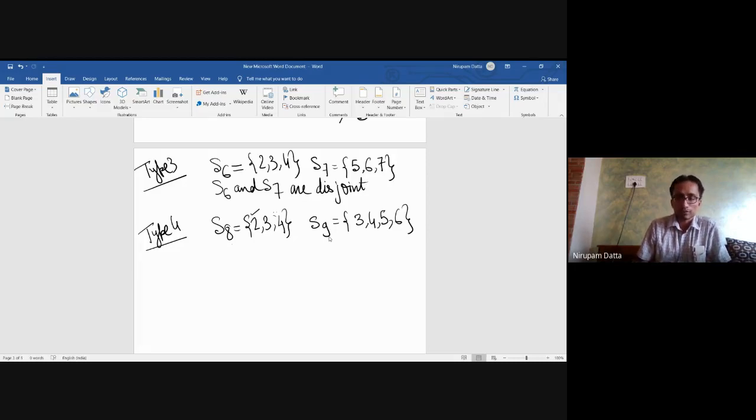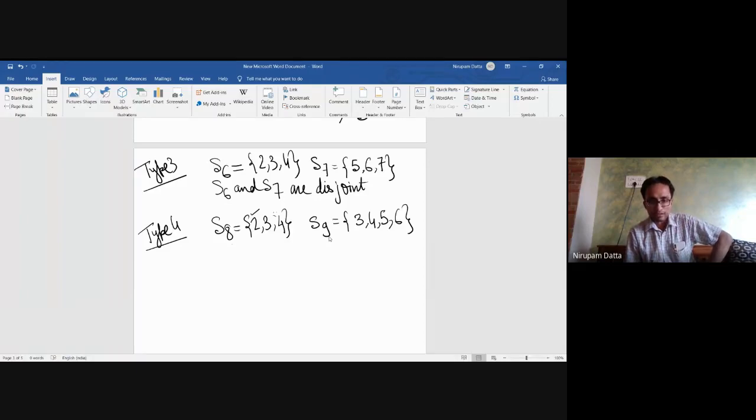Type 3 relationship. S8 and S9 contain two elements that are common, that is 3 and 4. So that means there are common elements between the sets, so they are not disjoint.